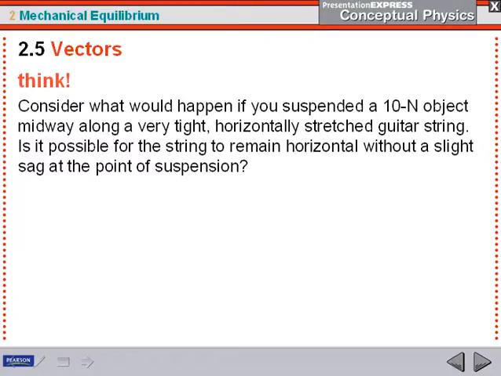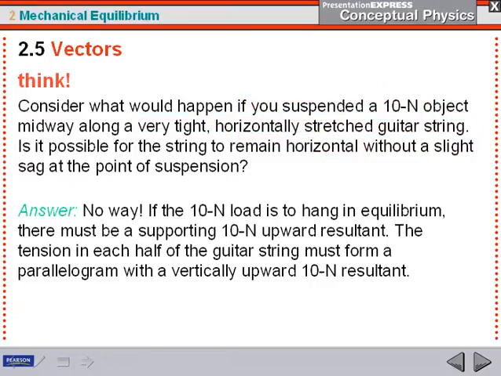So what this is asking you is, can you hold a horizontally stretched guitar string and suspend a weight on it? Can it remain horizontal without any sagging?